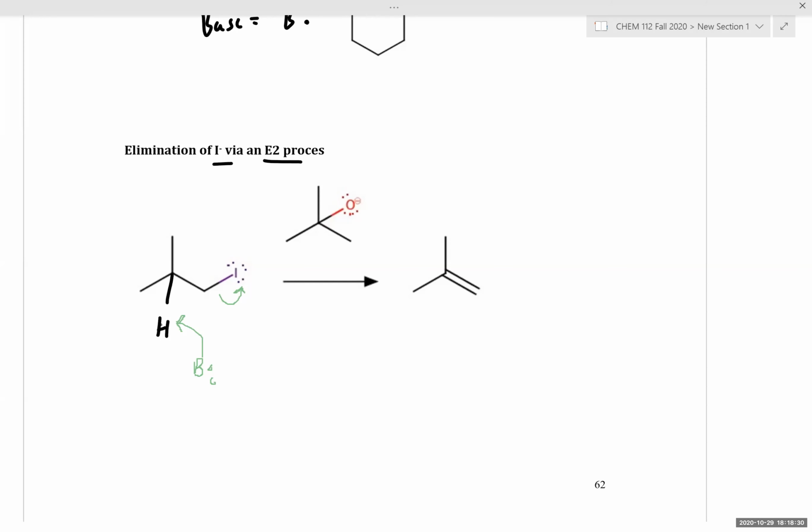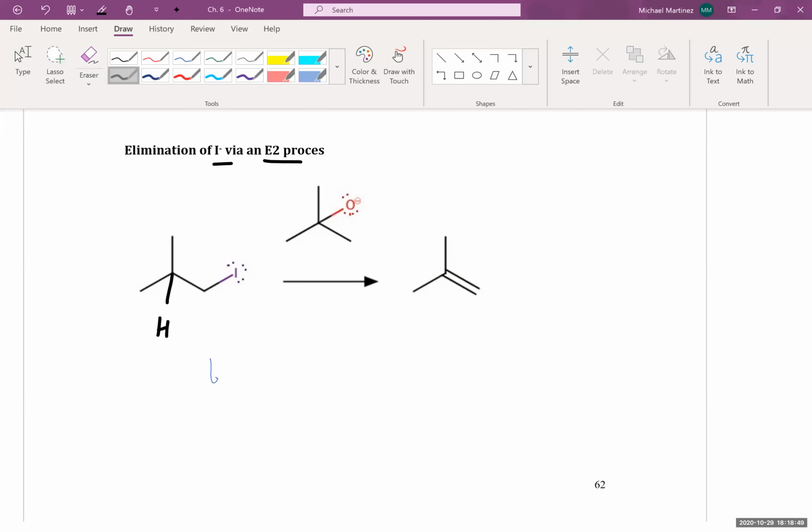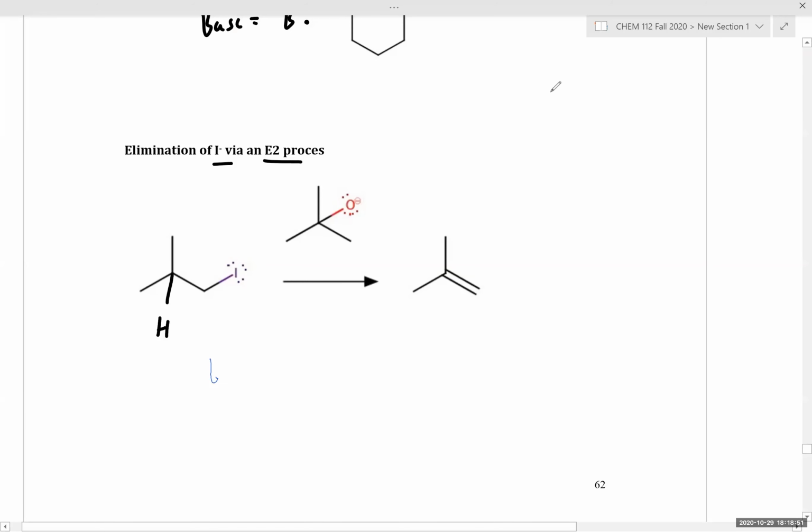You're almost there. You just need one more reaction arrow. You just need one more. Yep, exactly right. So just to clarify, the way that you've drawn the arrows looks reasonable. So we have our base, and to be more specific in this case, our base is tert-butoxide.